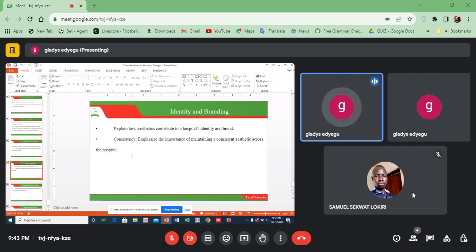And they look at the hospital, they just know, wow, this is the hospital where we get our services, and they can even tell others to come to your hospital. So identity and branding is very important because it will sell you not only in one aspect of the hospital, but across the entire hospital, because the services are all important for each and every patient.